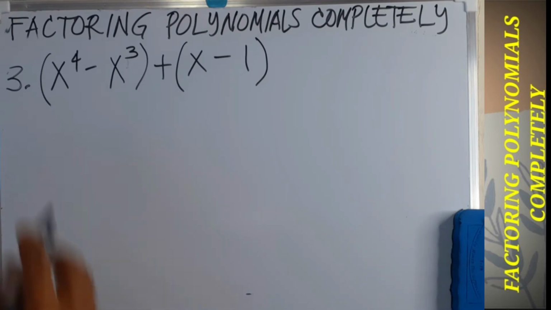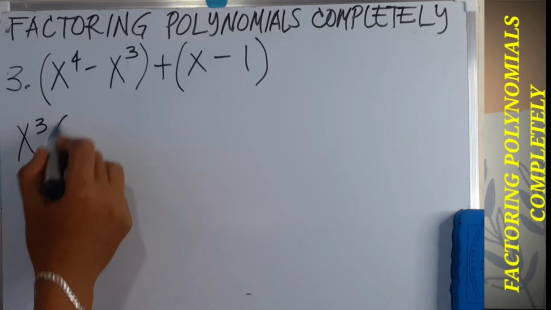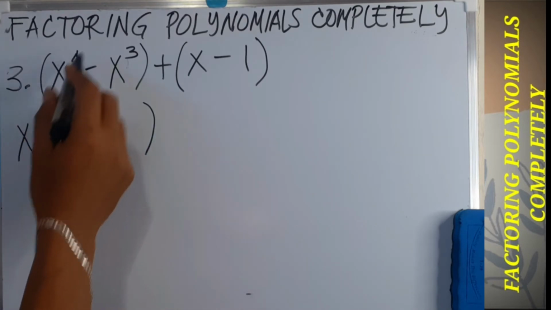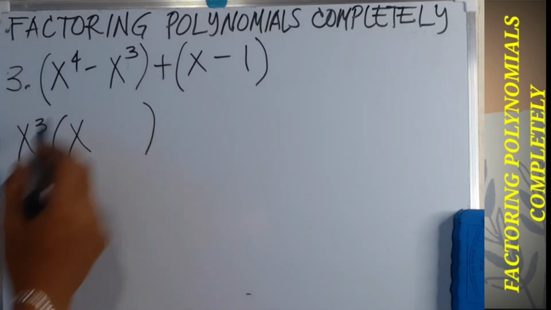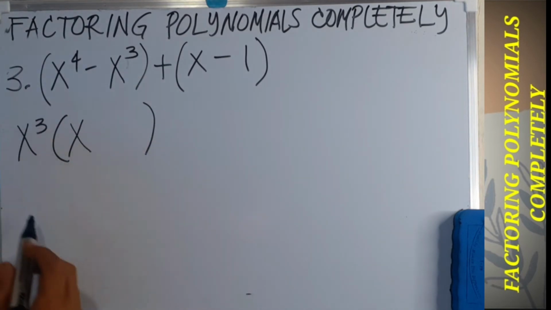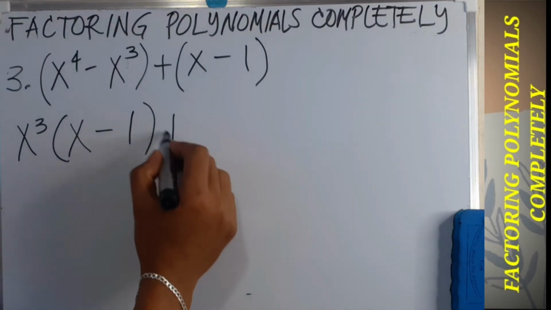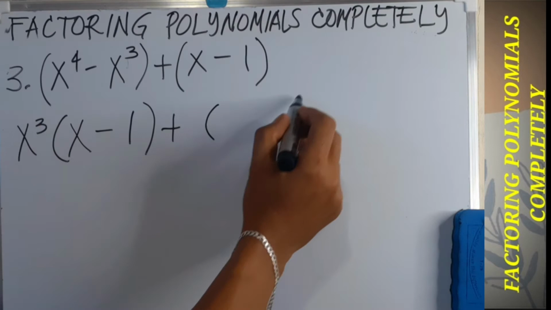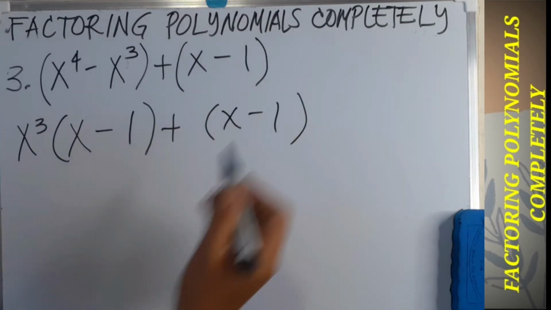What is common to x to the fourth and x cubed is x cubed. X to the fourth divided by x cubed is x. X cubed divided by x cubed is minus 1. Plus, no common on x minus 1, so just copy x minus 1.